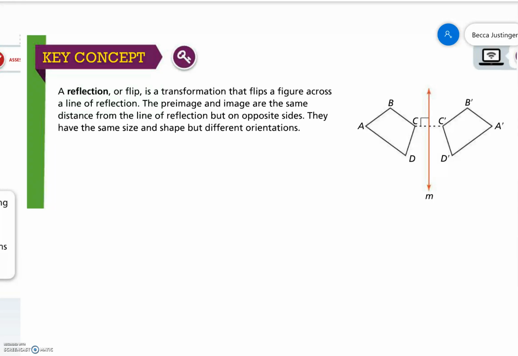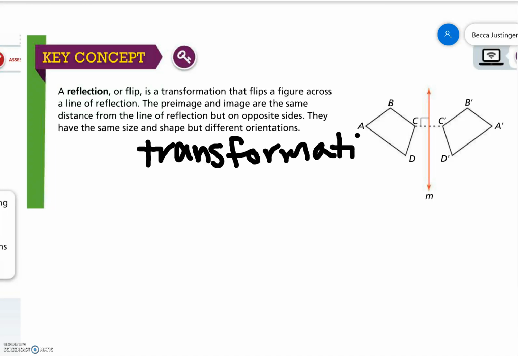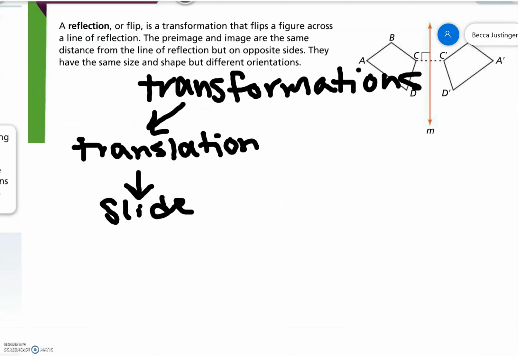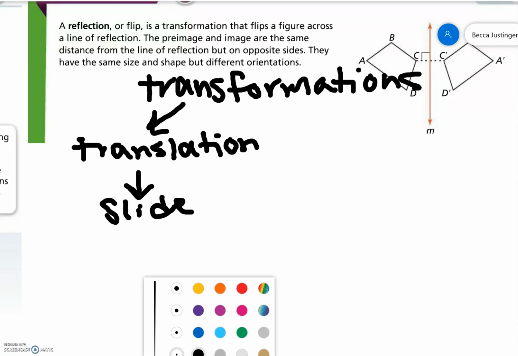So we've got transformations, which is the big word. It encompasses all the ways we can move a shape. From transformations, we learned last class a translation. And the translation was just a slide. When we slid it around, we didn't change anything except the position.